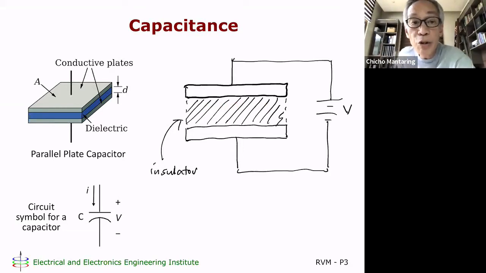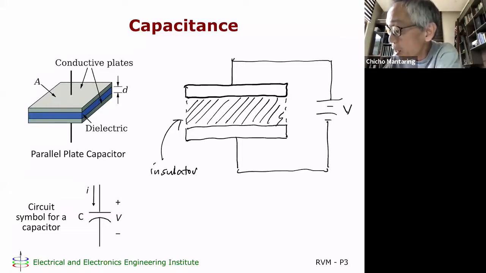So is current going to flow through your capacitor? Yes or no? What do you think? That is an insulator. Will charges flow through your capacitor? Common sense, hindi ba? Hindi. Charge cannot flow through your insulator. So what happens when I connect my voltage source?